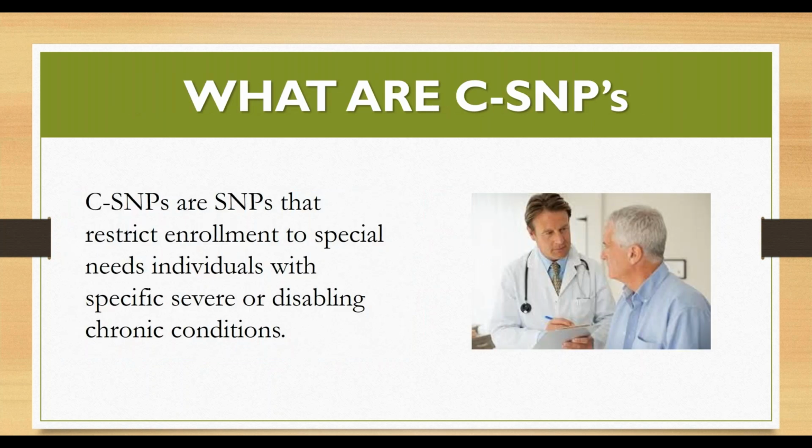So now C-SNPs. What they do is they restrict their enrollment to special needs individuals that have a specific, severe or disabling chronic condition.